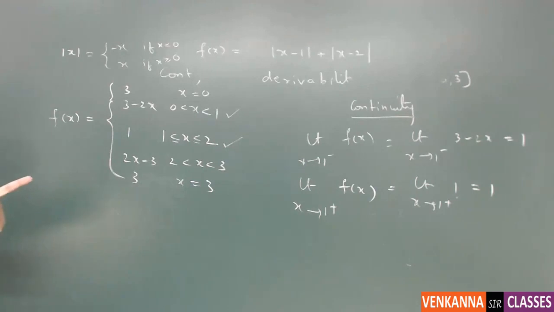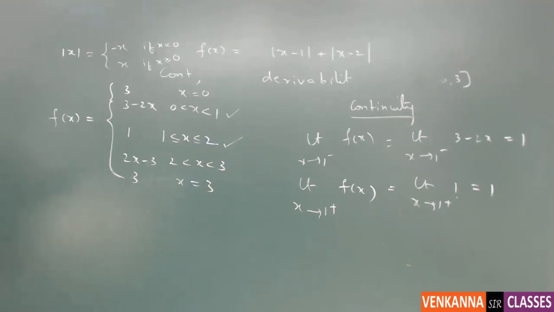Is it correct or wrong? Right. So if you calculate the left limit and right limit at the point 2, you are going to get the values equal. So the function is continuous at the point 2 also.